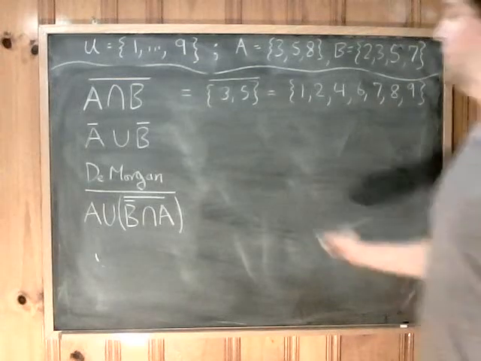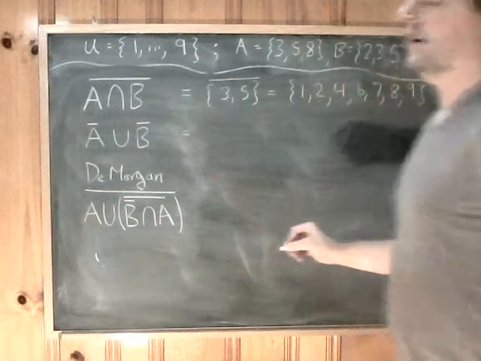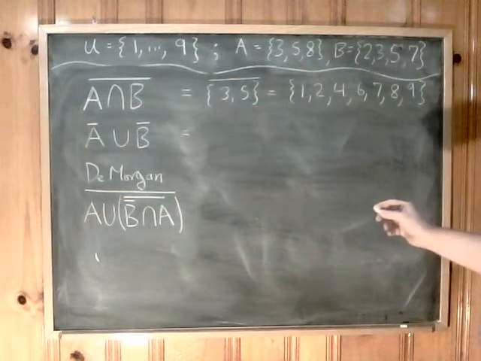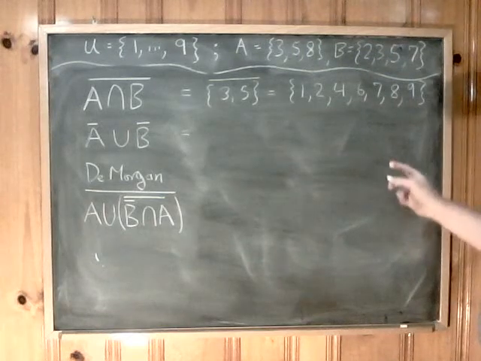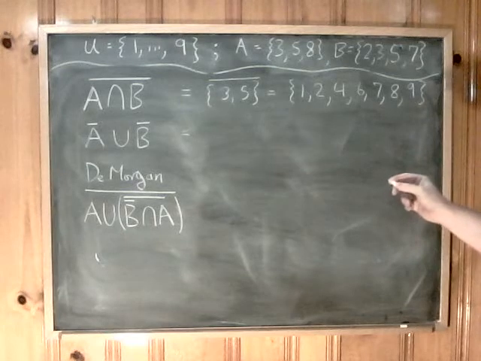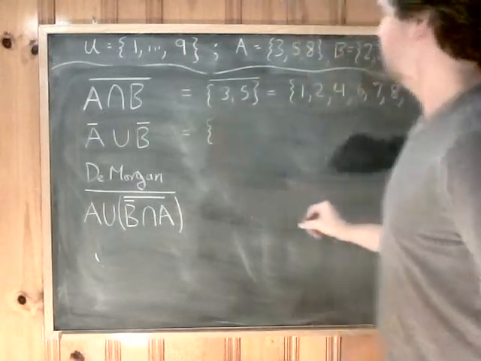Next is A bar union B bar. Now that means the complement of A union with the complement of B. Anything that is not in A or not in B. Well, start writing that out immediately.